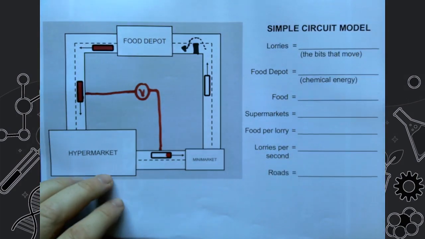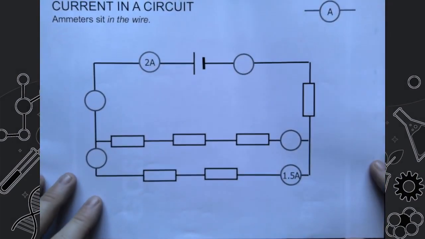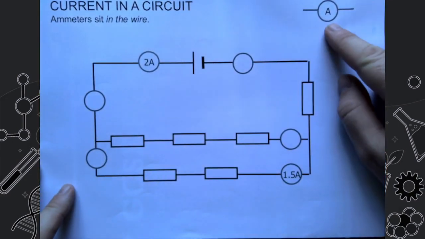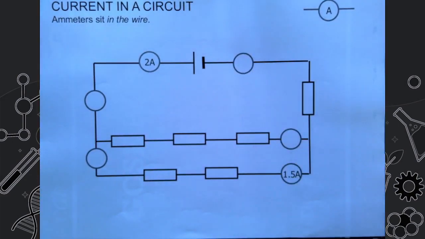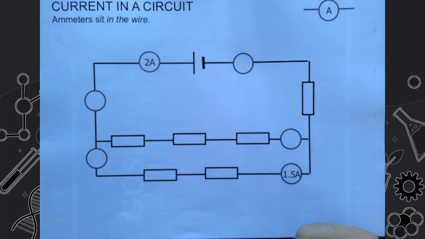So how do we do this in real circuits? Let's have a look at using this model in real circuits. Let's begin with current in a circuit. We're going to use an ammeter. Ammeters sit in the wires, and the rule is the current that leaves the battery is the same that enters.